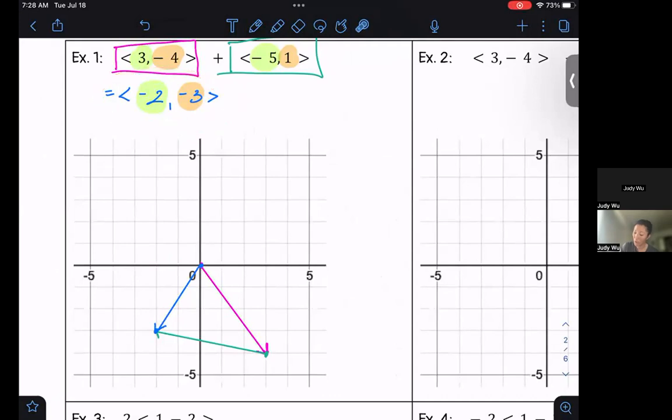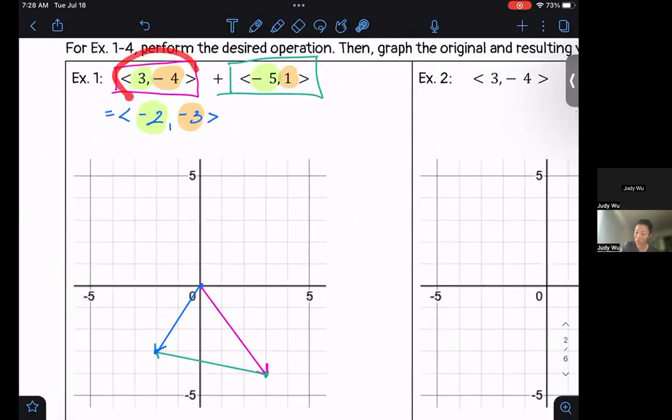Okay. So when we're adding the vectors, sure, we can take the A's and add them together, and we can take the B's and add them together. But what we're actually doing is saying if we lined up the two vectors head to tail, what is the resulting vector?